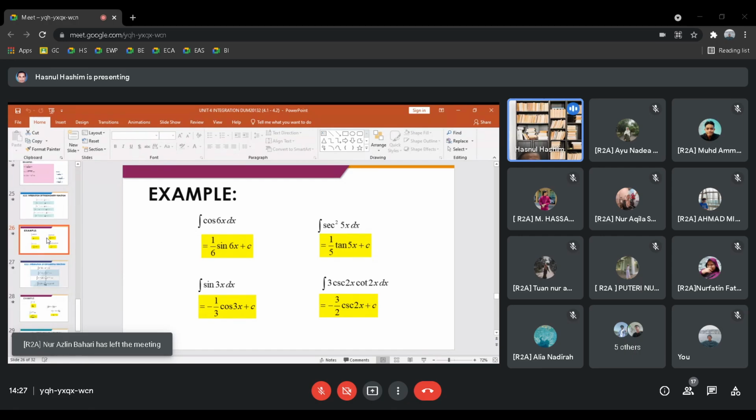And we integrate sine 3x, we have negative 1 over 3 cos 3x plus c. Then the integral of negative 3 cosecant 2x cotangent 2x gives negative 3 over 2 cosecant 2x.